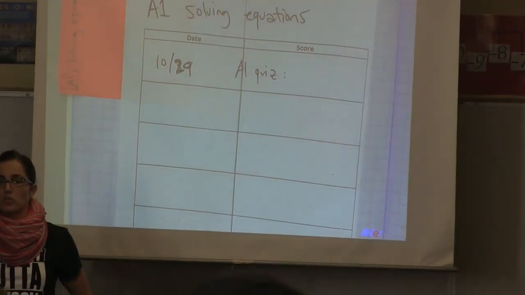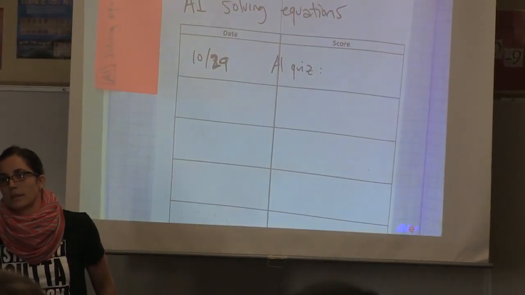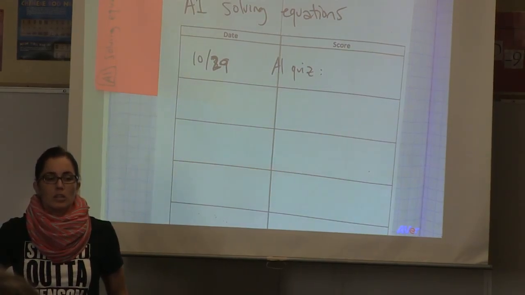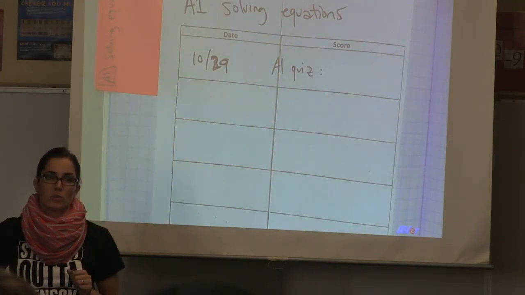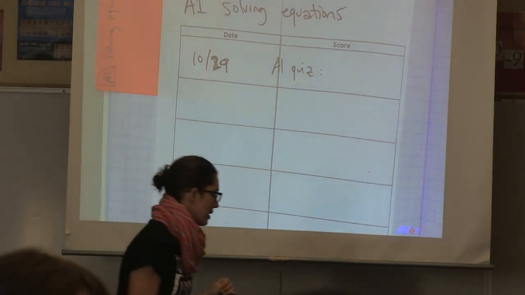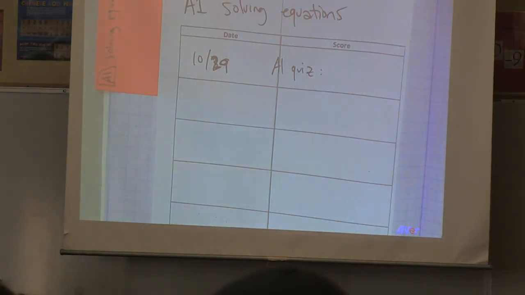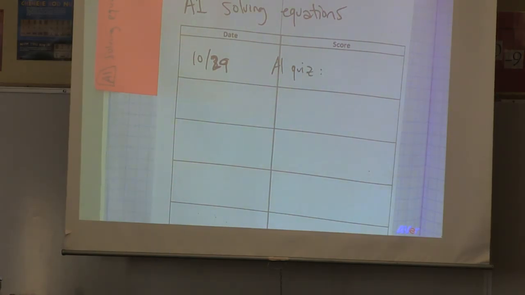What I want you to do right now is work on correcting or fixing your quiz. Okay, the one problem that I really want to talk about is the last one.